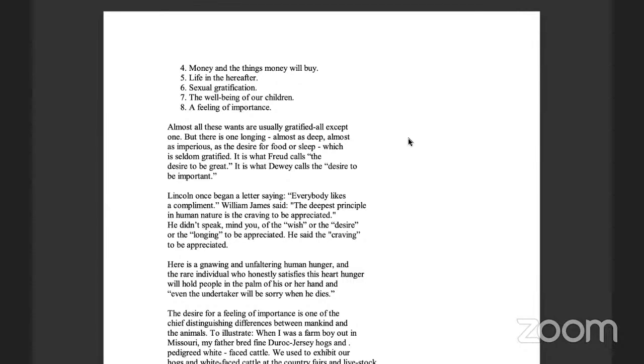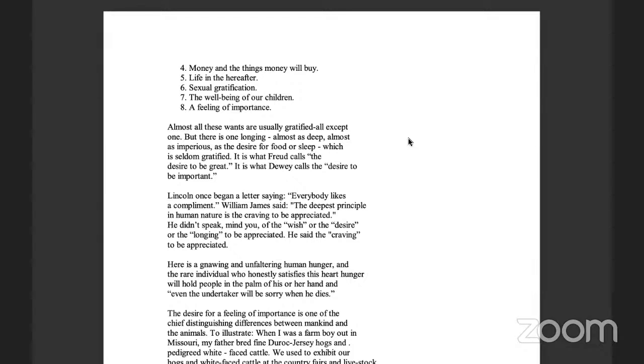But there is one longing, almost as deep, almost as imperious as the desire for food and sleep, which is seldom gratified. It is what Freud calls the desire to be great. It is what Dewey calls the desire to be important. Lincoln once began writing a letter saying, "Everybody likes a compliment." William James said, "The deepest principle in human nature is the craving to be appreciated."